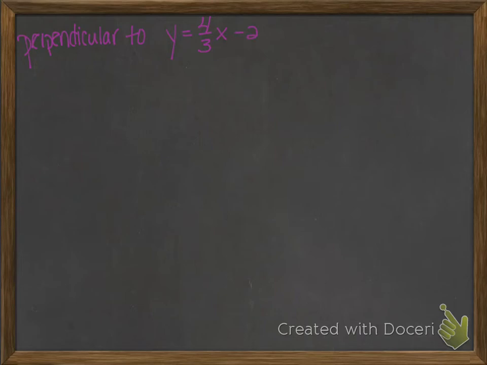Okay. First thing we need to find is the slope. Oops, hold on, before we go that, perpendicular to that equation, and then let's have that go through 1, 5. There we go. Now we have a full problem.